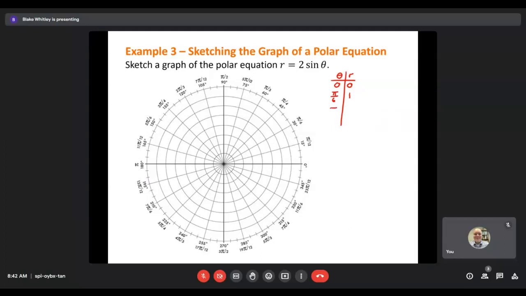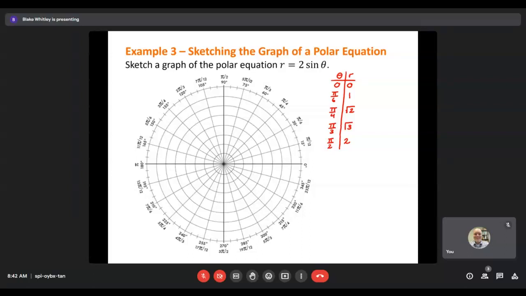Okay, then we'll do pi over 4. Sine of pi over 4 is square root of 2 over 2. If I multiply that by 2, that's just going to give us square root of 2. And then pi over 3. Sine of pi over 3 is square root of 3 over 2. Multiply that by 2. We should just get square root of 3. And then I'm going to do pi over 2 next. Sine of pi over 2 should be 1. 2 times 1 is 2. So we get an r value of 2.